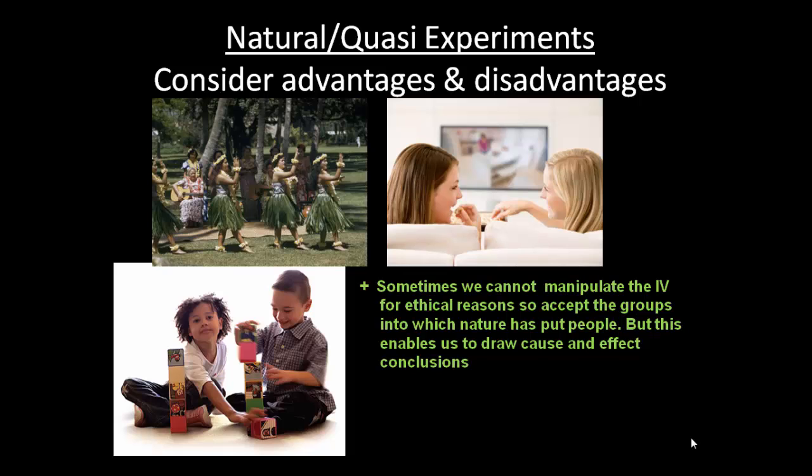However, this is clearly hideously unethical, so sometimes we have to accept that we can't do this. This is where natural experiments come in. We take the gender that nature has dictated people have, and this then enables us to draw cause and effect conclusions. We take males and females and we just look at their performance on different tasks.